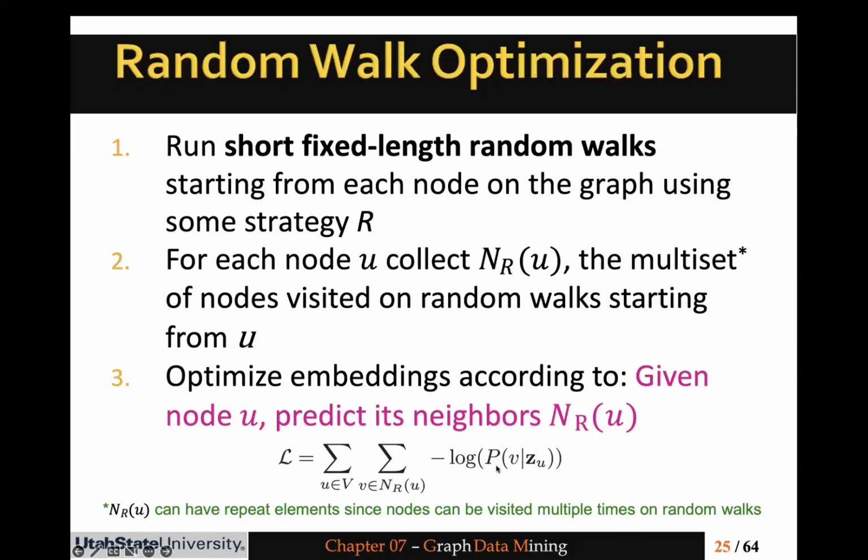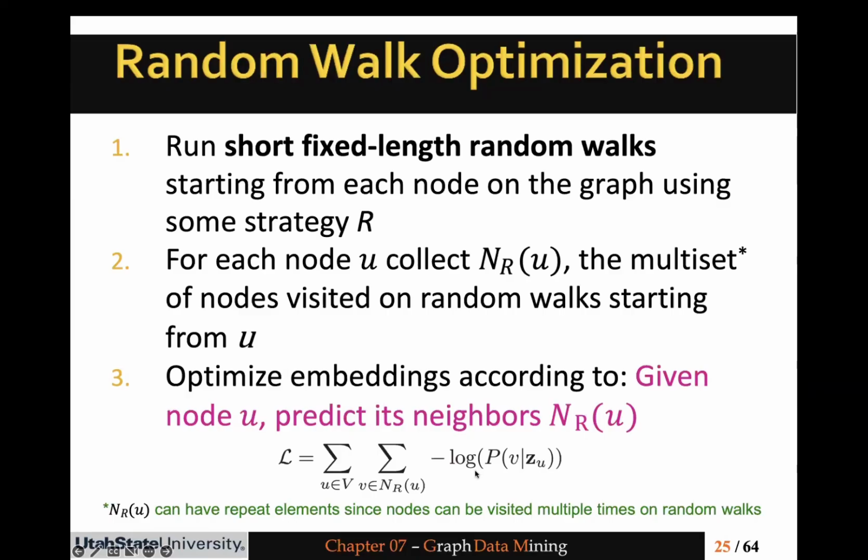So the log here is nothing but the probability of V given that z_u has been visited, because u is my initial node that I started from in my random walk. In other terms, I would like to maximize this log.